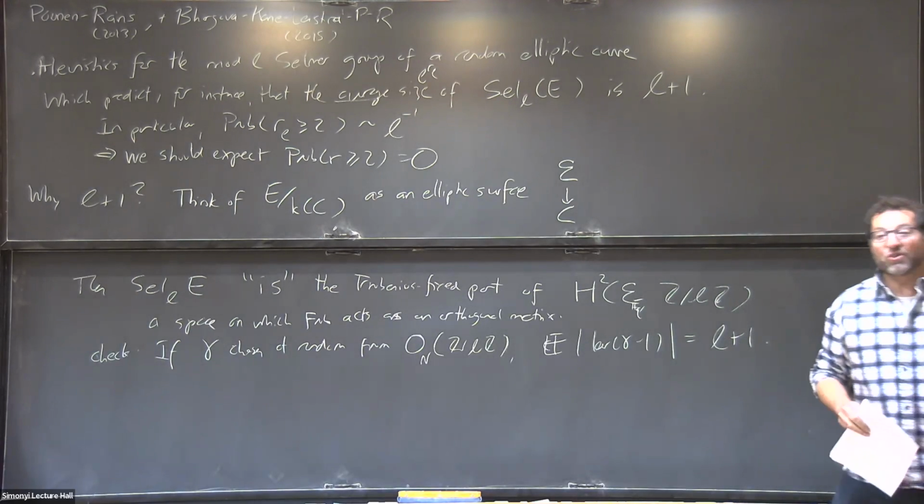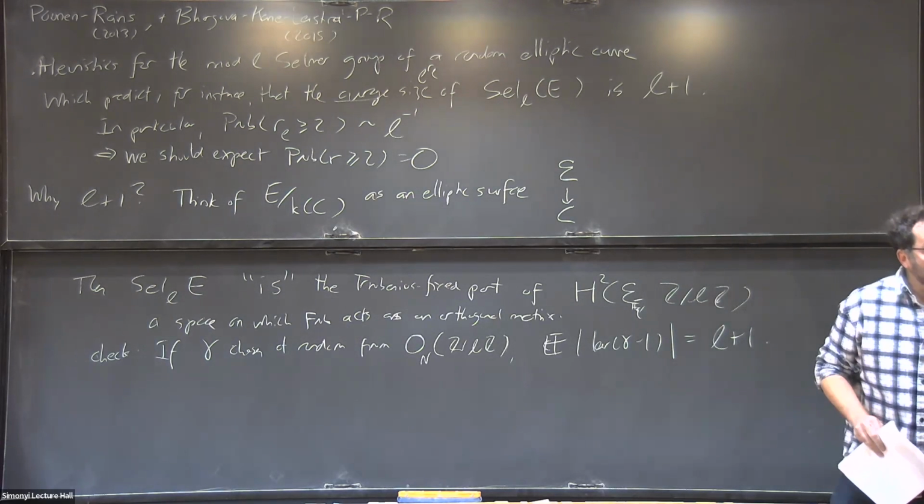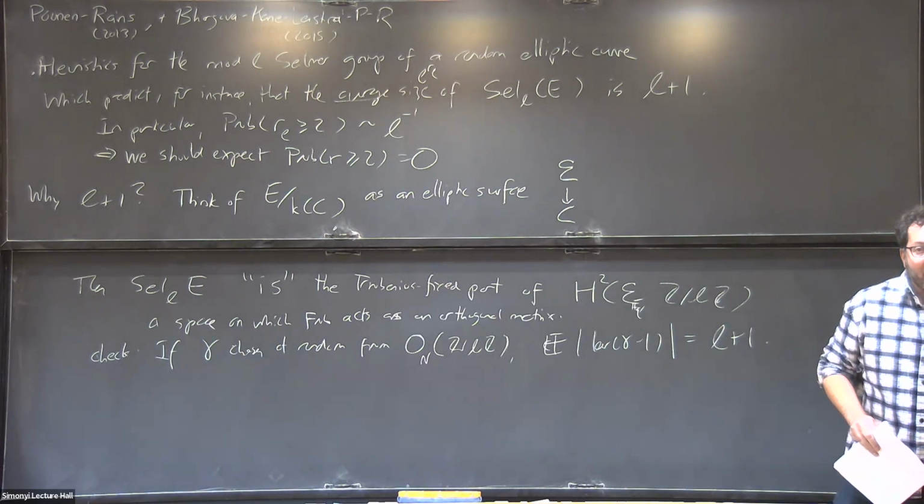And any other statistic you wanted, essentially the Poonen-Rains heuristic says that it agrees with the statistics of a random orthogonal matrix. I mean, this is kind of a fun story, actually.